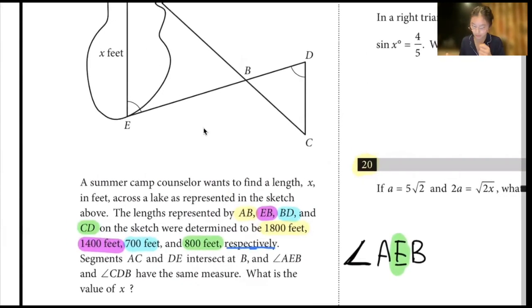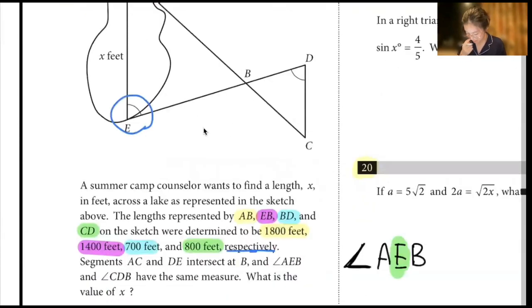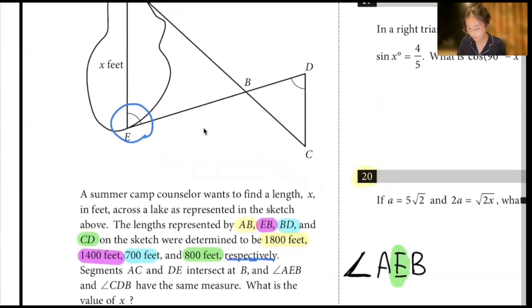And also the sketch was nice enough to show what the angles are. So the AEB angle is the angle right here. And the CDB angle, the sandwich, so D is in the middle, so that's going to be here, right? So we know the two angles there.